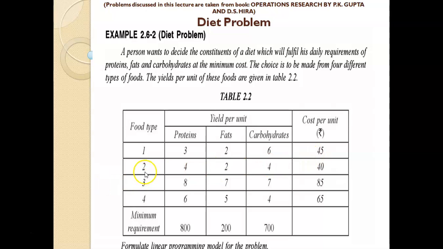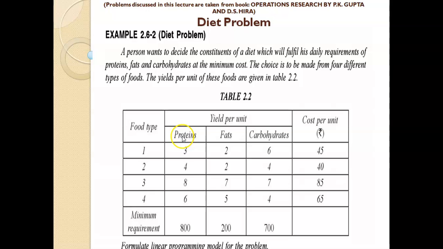Similarly, food 2 contains 4 units of proteins, 2 units of fats, and 4 units of carbohydrates, and the per unit cost of this food is 40 rupees. Similarly, we have this data for food type 3 and food type 4.